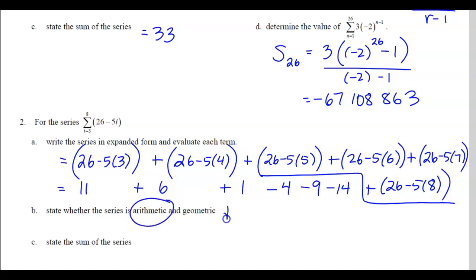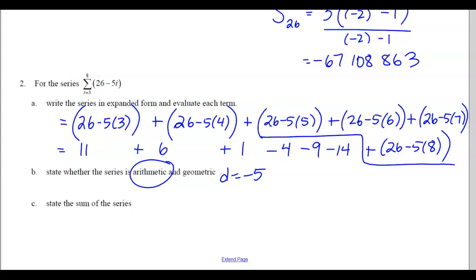Common difference here is negative 5. So state the sum of the series. Well, you can do that in your head, right? So 17, 18, minus 4 is 14, minus 14 is 0, minus 9.